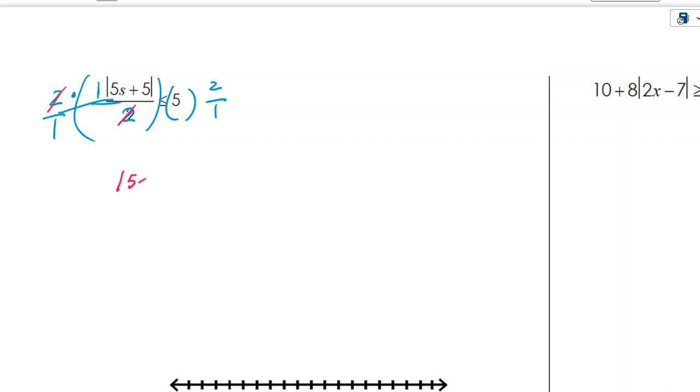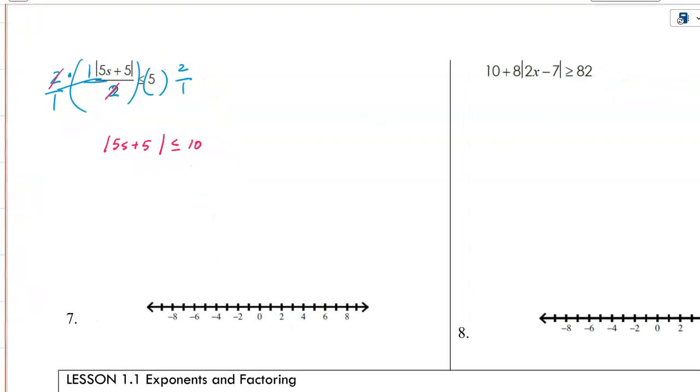So absolute value of 5s plus 5 is less than or equal to 10. Now we have a less than statement, so it's going to be an and. It's going to trap this way, and greater than or equal to -10.